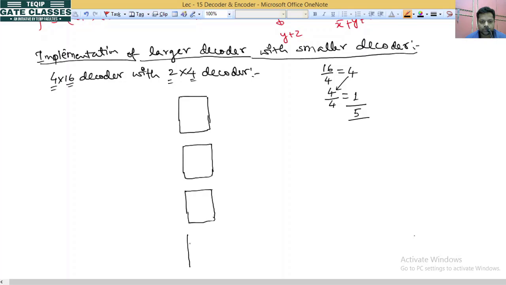So if you have 4 decoders here of 2x4, from one decoder we will get 4 outputs. So total how many decoders are there at this level? 4 decoders. So with 4 decoders you will get 4 into 4, 16 outputs, okay na?